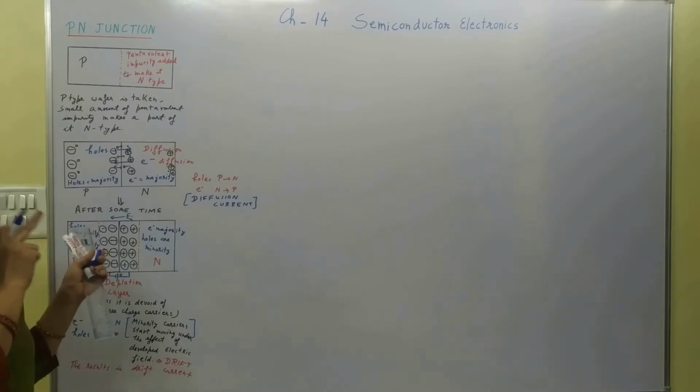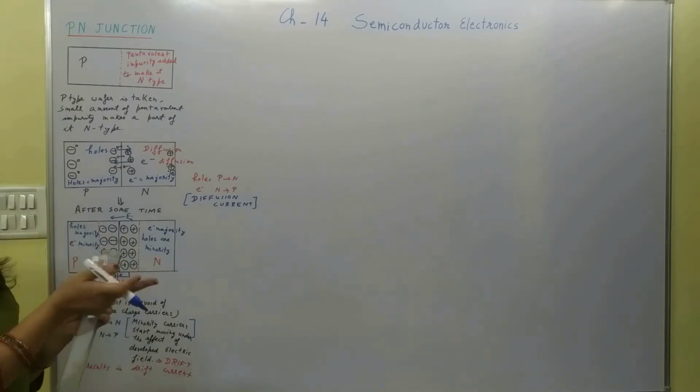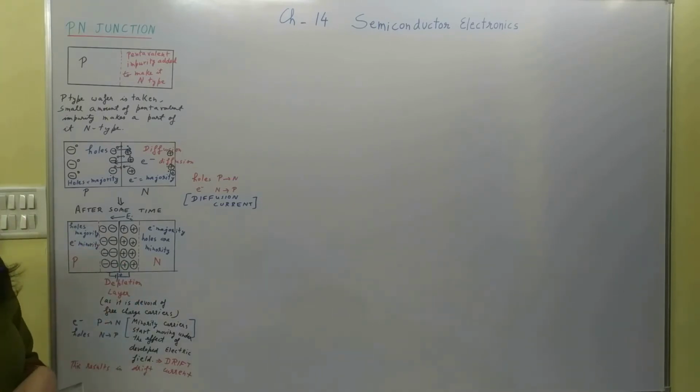Diffusion is occurring due to concentration difference across P and N side, and drift is occurring due to the electric field developed due to the accumulation of the ions across the junction, right? So this is the difference between diffusion and the drift.